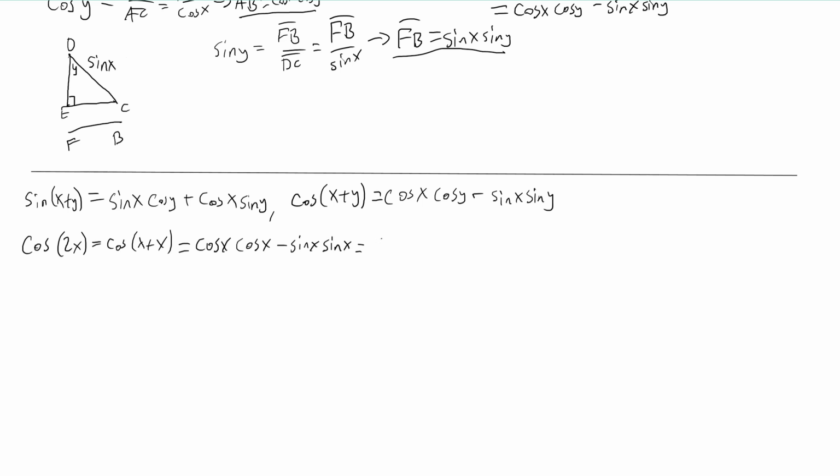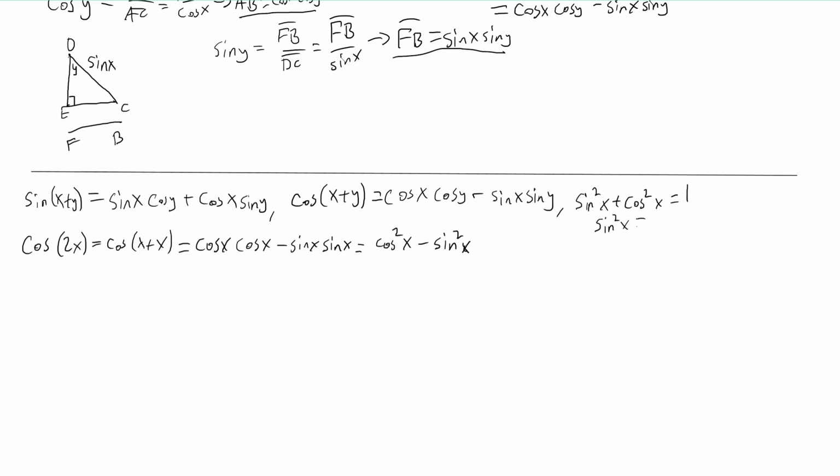And so what we end up with is cosine squared of x minus sine squared of x. But in the previous video, intro to trig, I showed that sine squared of x plus cosine squared of x equals 1. And so we can rewrite this in two different ways.